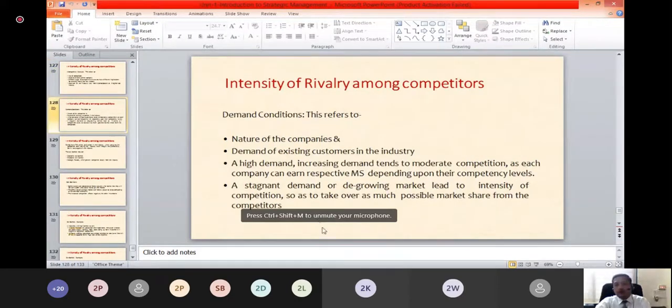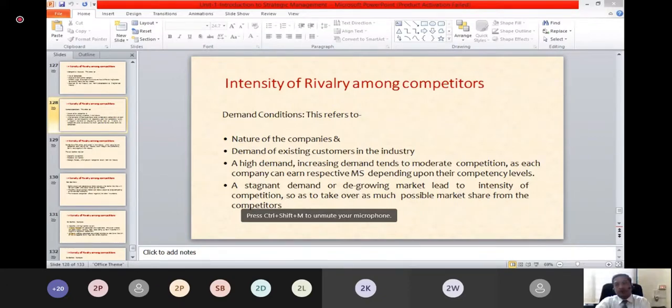Then another dimension of this rivalry among competitors is related to the demand conditions. What type of demand prevails in that particular industry for their products? That demand condition is also important.